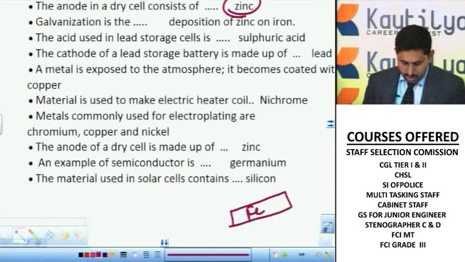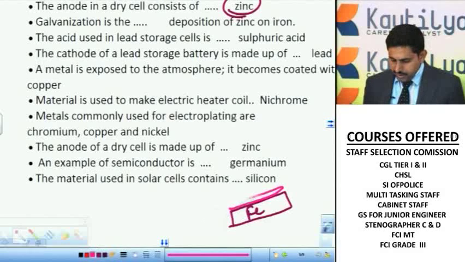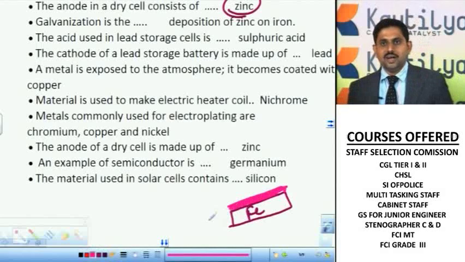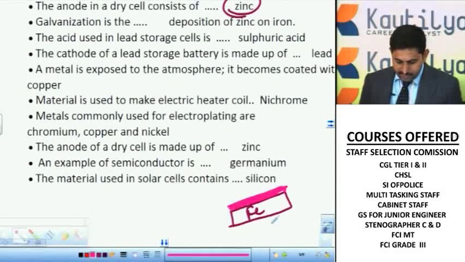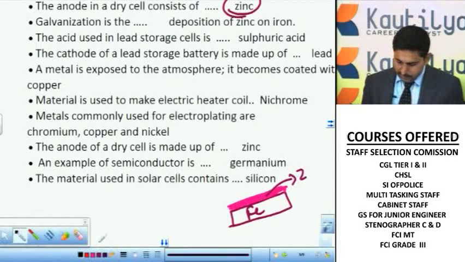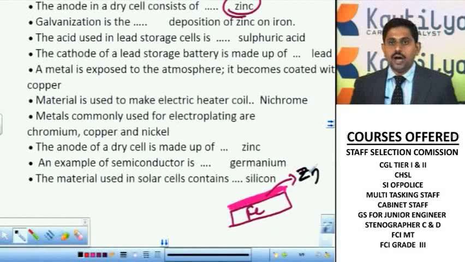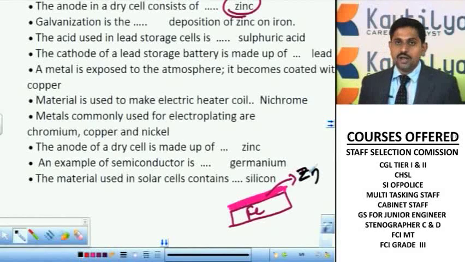In order to avoid this rusting, you coat a layer. This coating of a layer can be considered electroplating. Particularly for iron, if you coat a layer of zinc on iron, this process is called galvanization.